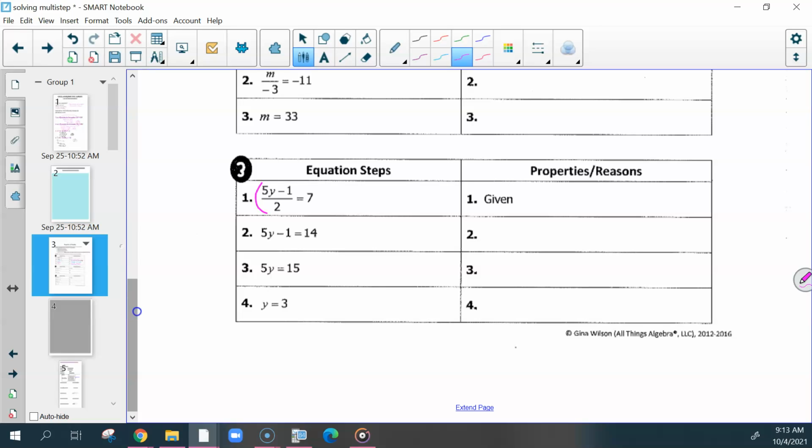So they took this 2 and they multiplied this side by 2 and this side by 2. These 2's canceled or disappeared. That's multiplicative, and then multiply these by 2. So multiplication or multiply.